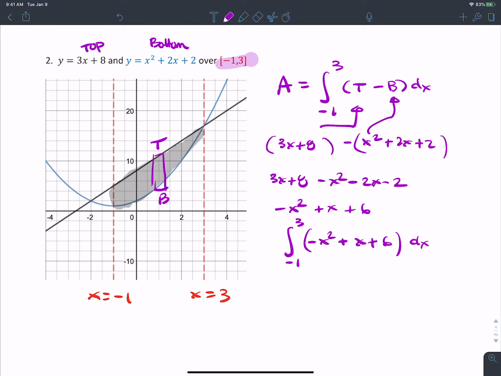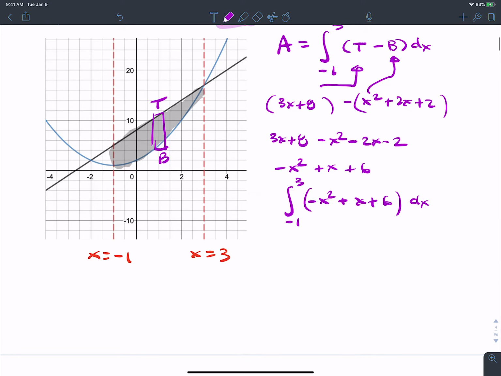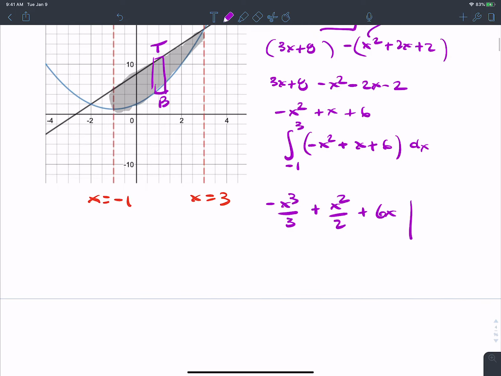Okay, so I need the antiderivative function. And let's see, what do we get when we perform that antiderivative? Don't we get -x cubed over 3 plus x squared over 2 plus 6x? Is that right? We have to evaluate this from -1 to 3.